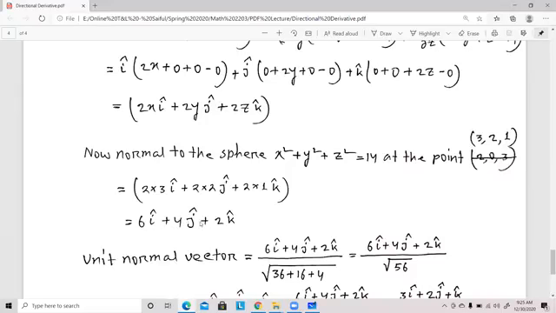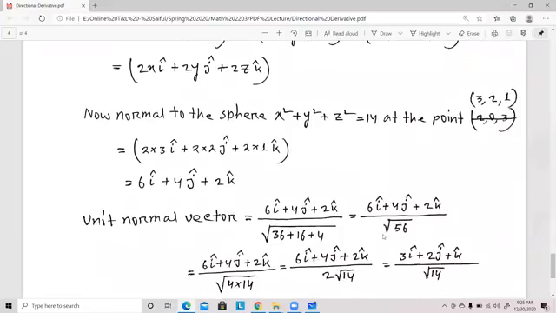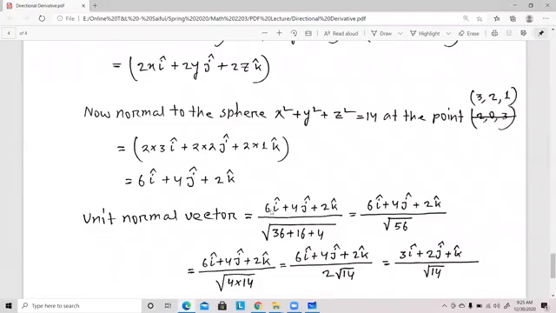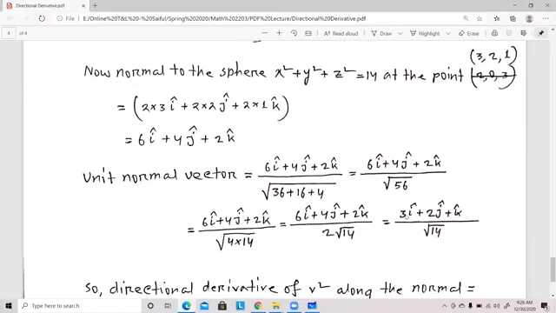By the definition of directional derivative, in the direction d it is grad phi dot d cap, the unit vector of the given direction. So we have to find the unit vector of 6i plus 4j plus twice k, which is 6i plus 4j plus twice k divided by root of 36, 16, 4. After simplification we get 3i plus 2j plus k divided by root 14.